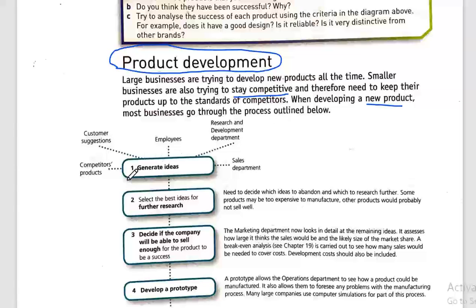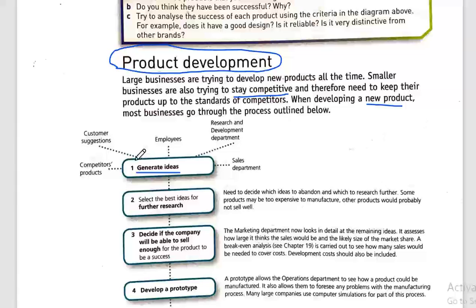So when I'm trying to make something new for the market, I must go through several steps, starting with number one, generate ideas. When I'm generating ideas, I will be creative.